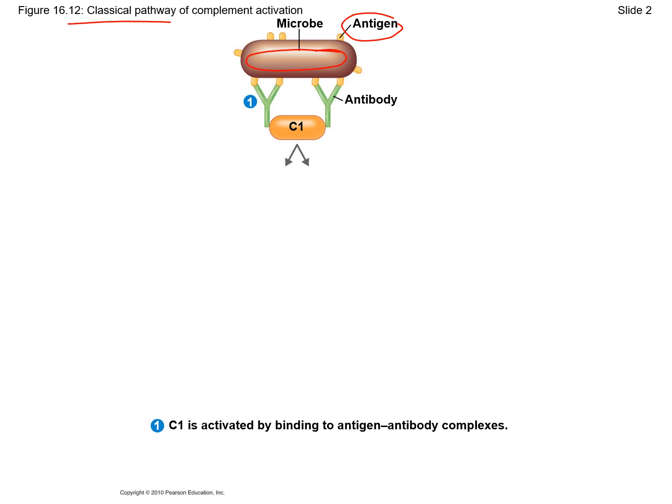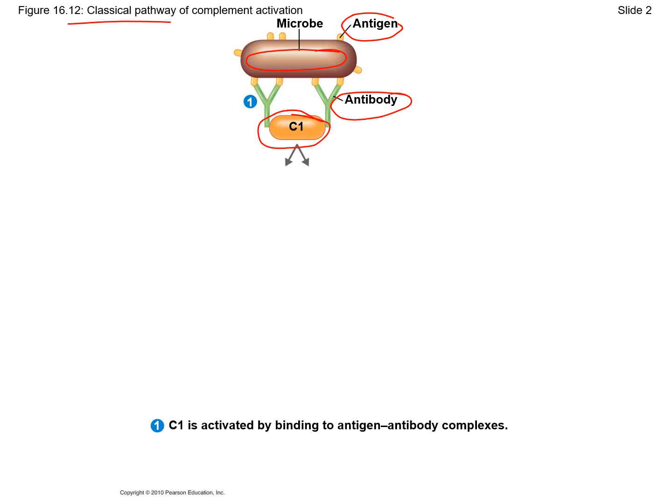For the classical pathway, you need 2 antibodies bound to the microbe. Antibodies always have this Y structure, and they're always drawn in green.